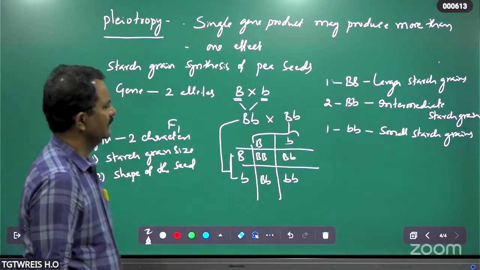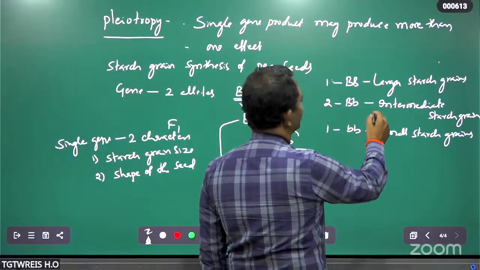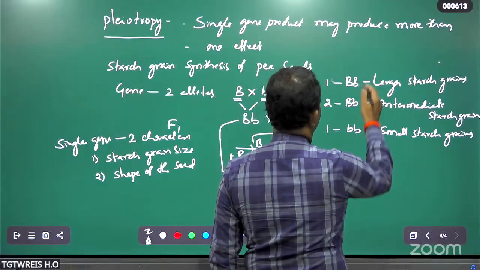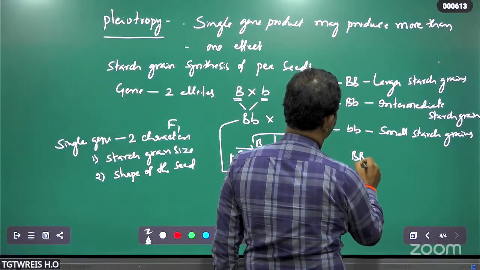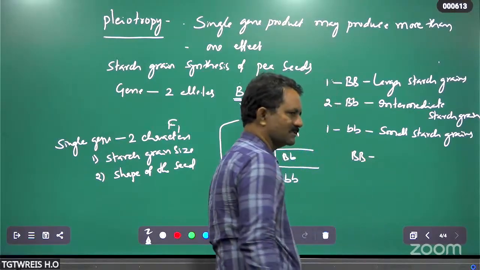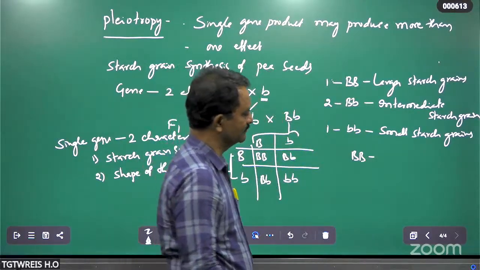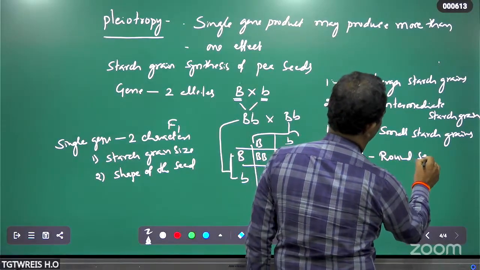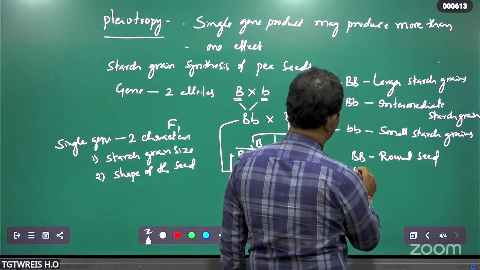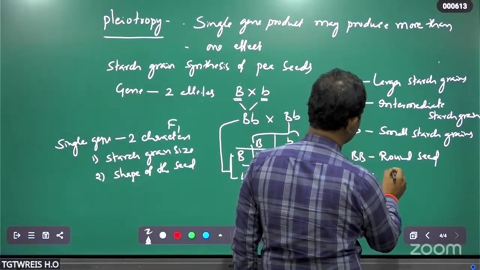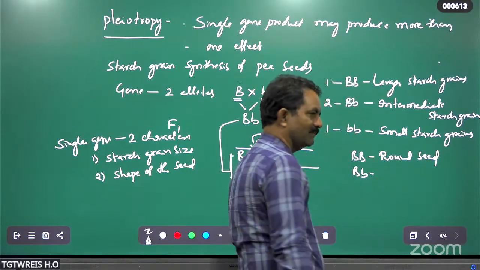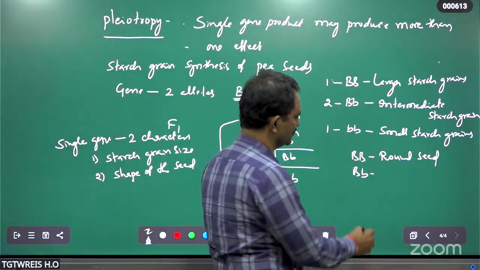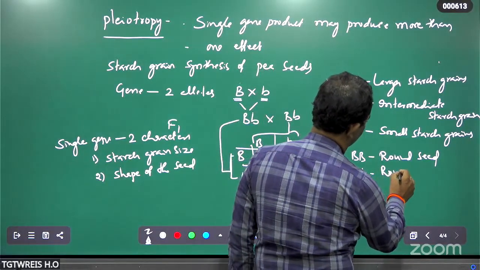So with capital B, the seed contains large starch grains and has a round shape. Capital B, small b has intermediate starch grains, but the shape is round.